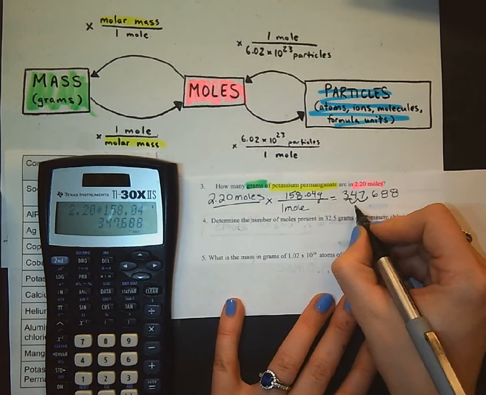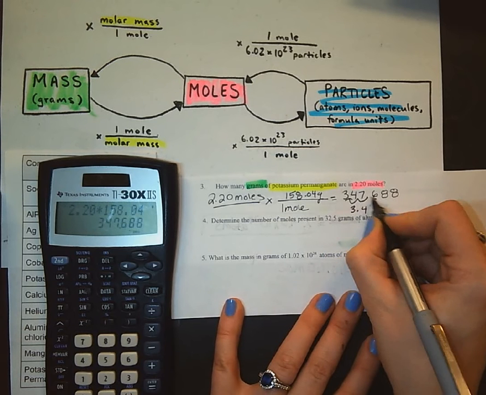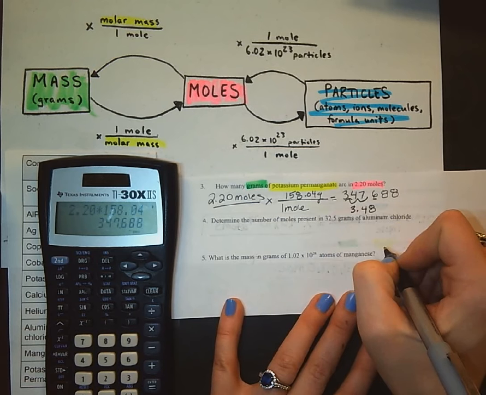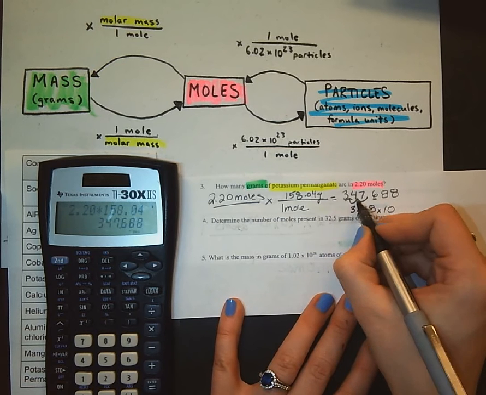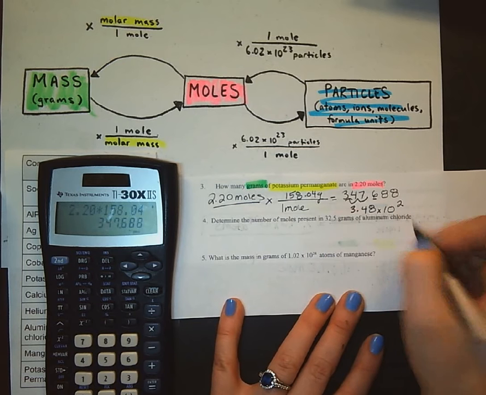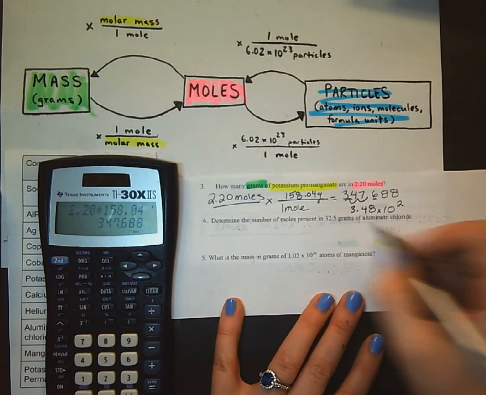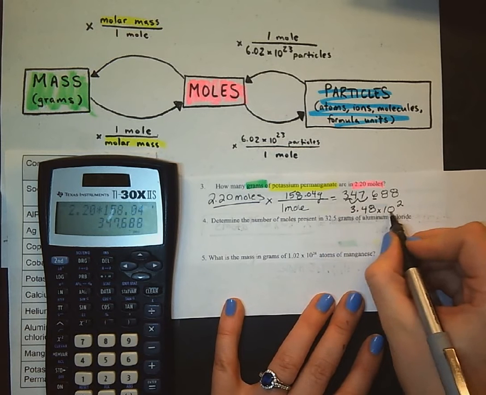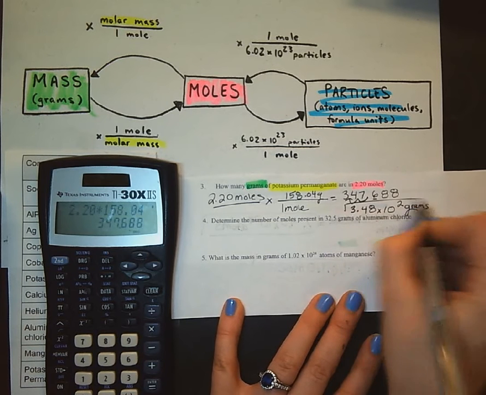I'm going to end up with 3.4, that's greater than 5. 3.48 times 10, I moved my decimal point 1 spot, 2 spots, to the second power. Okay, it's going to be a positive 2 because that is a large number. So 3.48 times 10 to the second power, and that is grams. And that's our final answer.